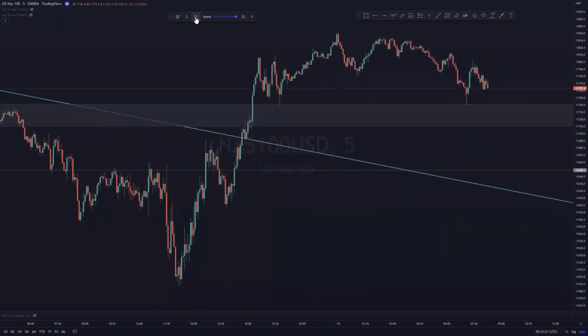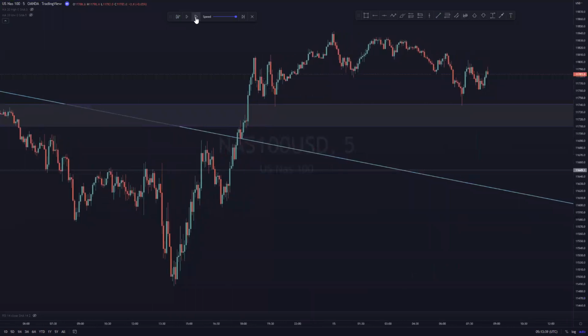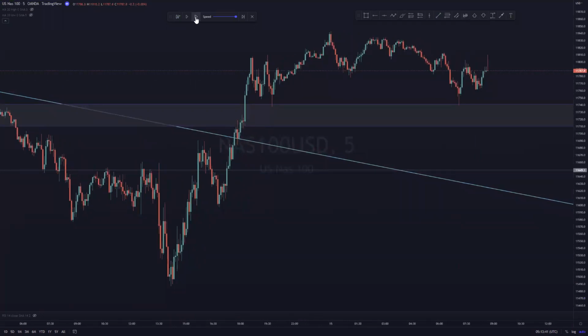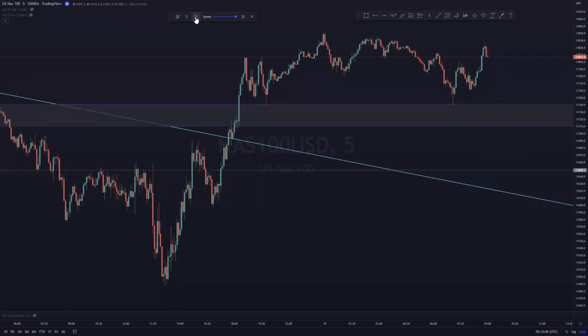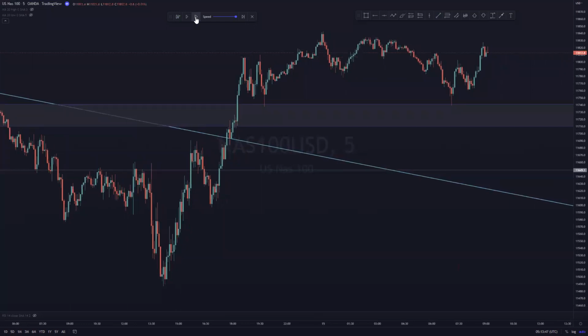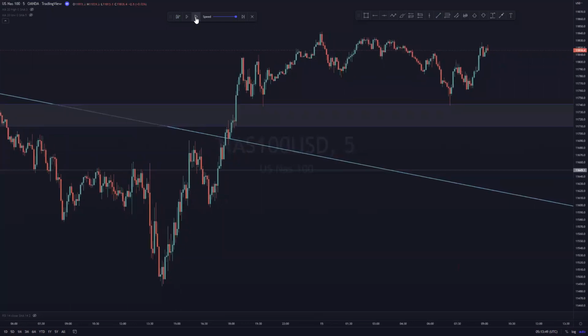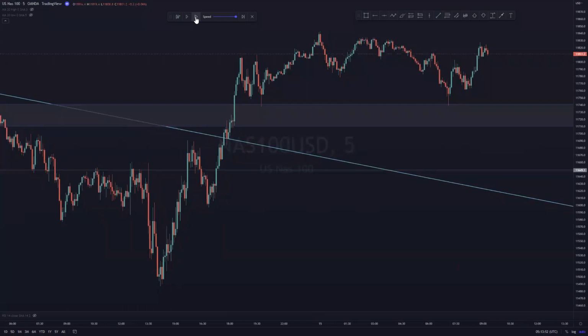Before we continue, we have this break of structure on the 5 minutes time frame. We were having a lot of confirmation to buy this pair. We have this double bottom, and we have this rejection. We could have entered here.